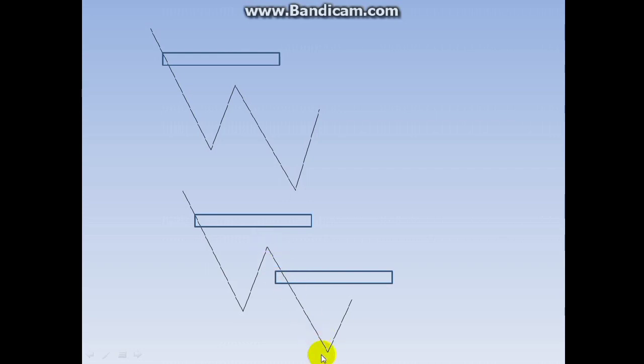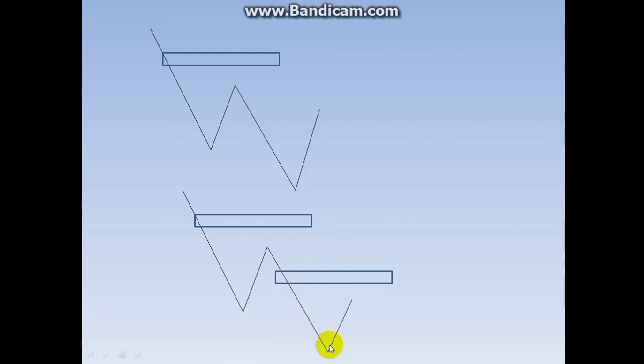So this is your current dealing range. Now you take out your fib and you measure from the high to the low. Then you look at whether the fair value gap is on the premium side. If the fair value gap is resting above the midpoint, then it is valid.